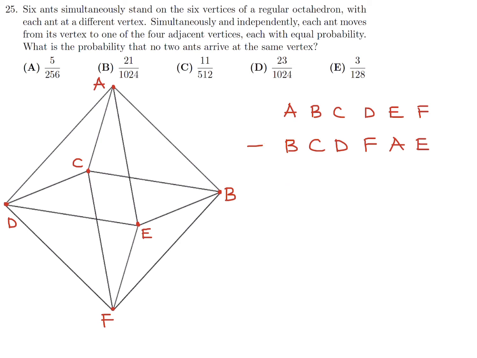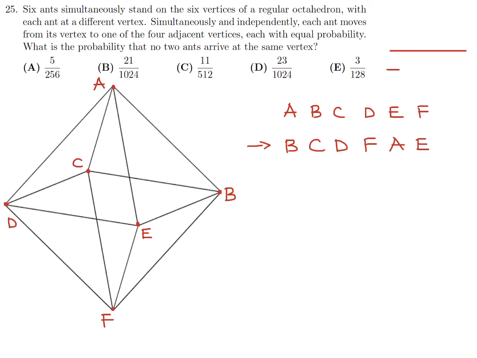Well, with any probability question, the very first thing is, of course, to figure out the denominator. That's going to be much simpler. The denominator in this question is going to be the total number of possibilities. Well, each ant has 4 possible vertices that can be traveled to, 4 adjacent vertices.